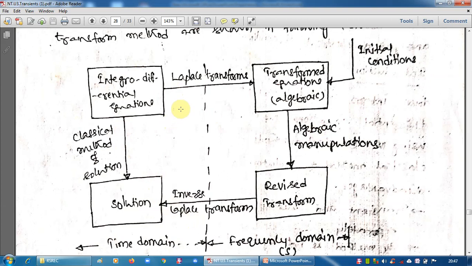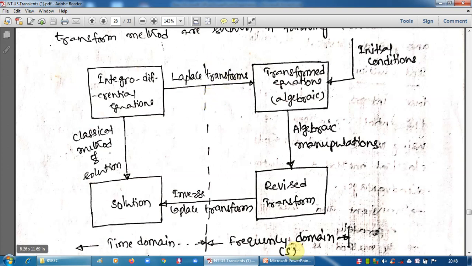This method actually consists of transforming the network into S domain from time domain. So that is the reason why this is Laplace transform, transforming the network and corresponding variables and equations from time domain to frequency domain, that is S domain. We are transforming this by using Laplace method. That is the reason why this is Laplace transform method.